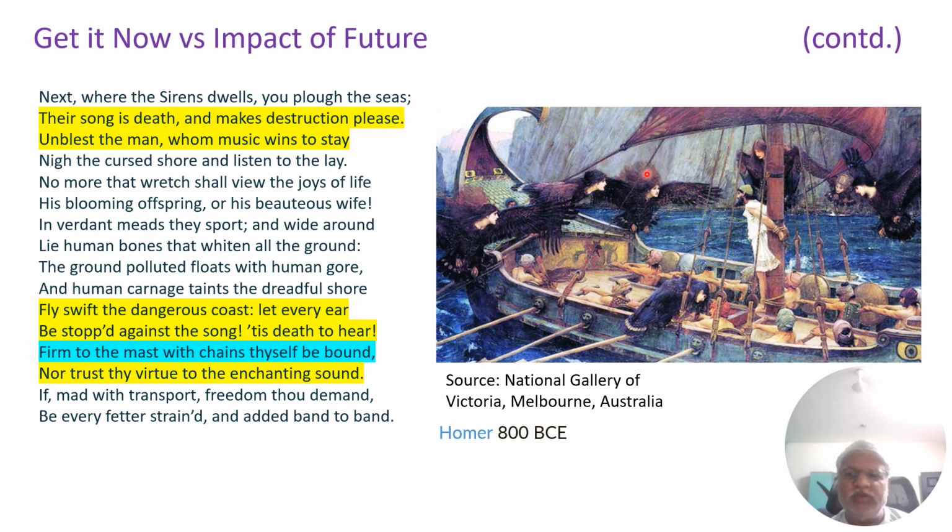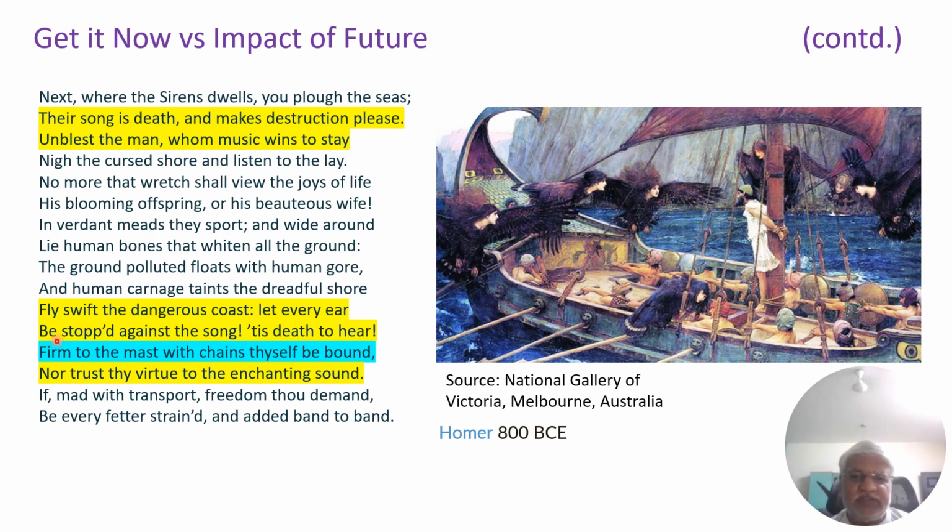Once they go, the people will be killed. It is mentioned here that their song is death and makes destruction's place. Unblessed the man whom music wins to stay. She continued and mentioned that if you go to the shore and try to listen to them, you will become a dead person.